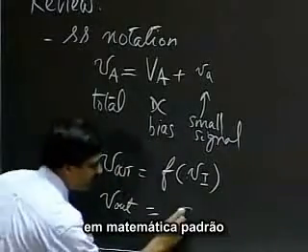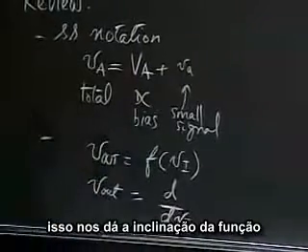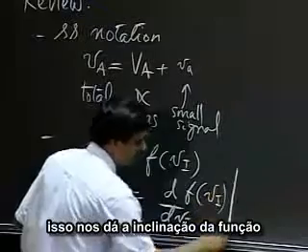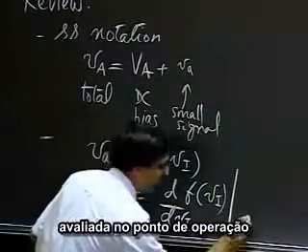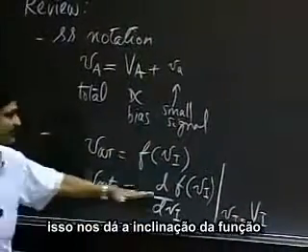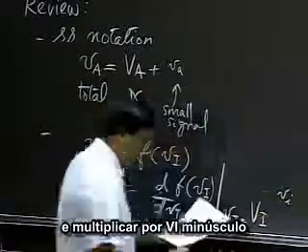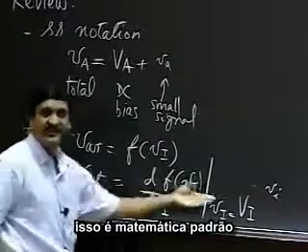Good standard math. So we would do the slope of this function and evaluate it at the operating point. So this would give us the slope of the function and multiply that by small vi, which is incremental change. So this is standard math.